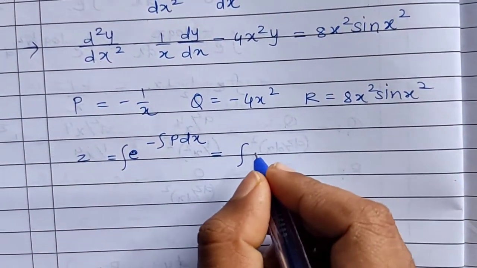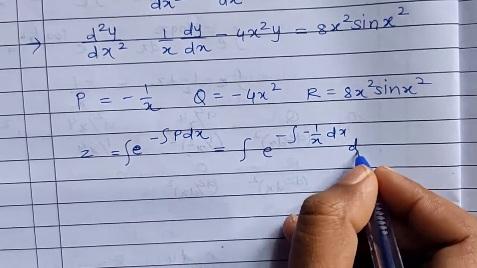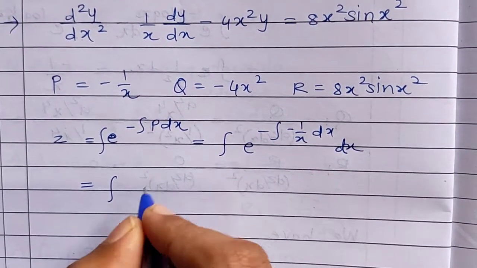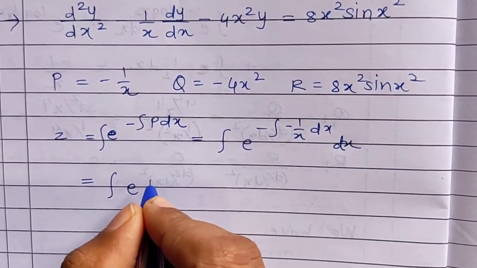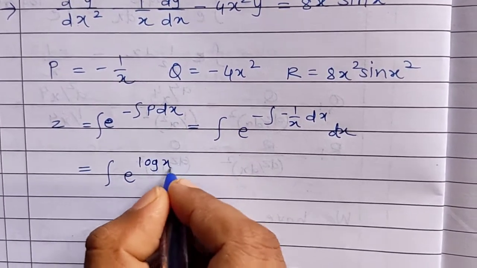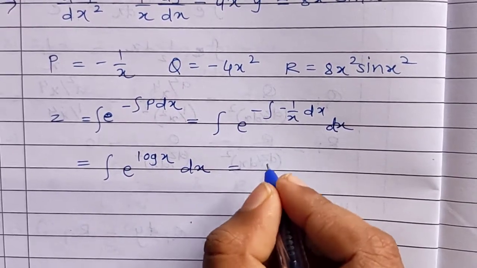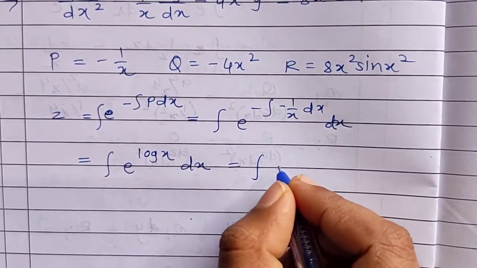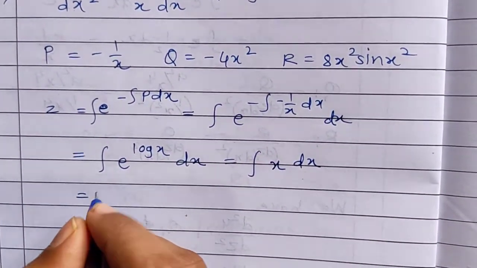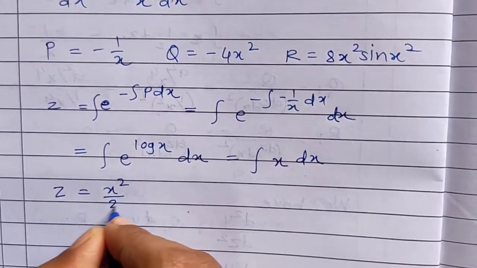So z is equal to integration e raised to minus integration minus 1 upon x dx, is equal to integration e raised to, integration of 1 upon x is log x, is equal to integration x dx. That is, we get z is equal to x square by 2.